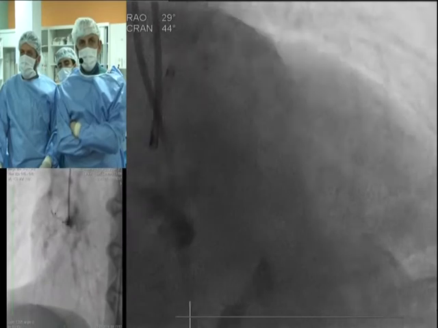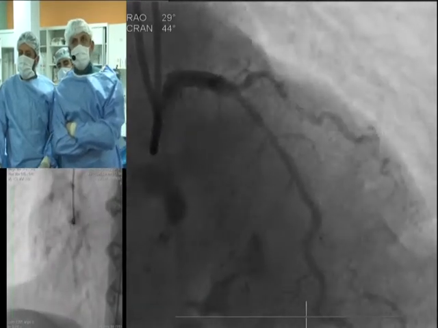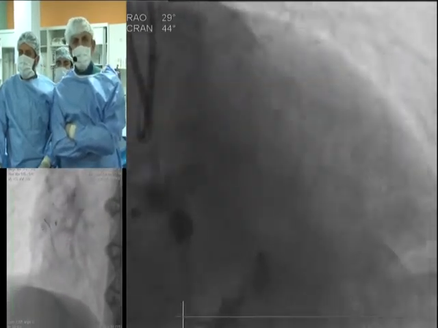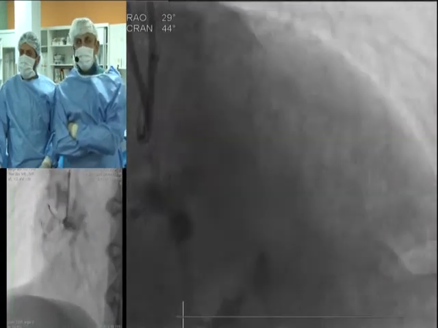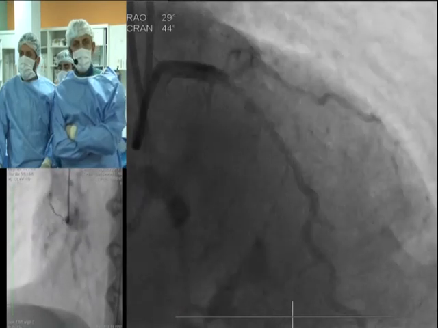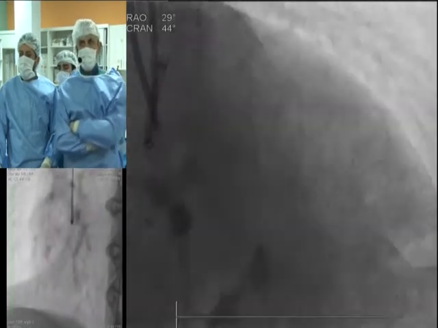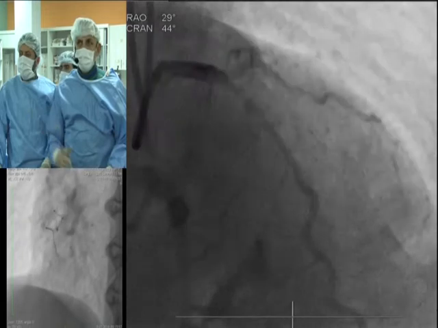After snaring of the wire, we inserted Corsair into the aorta, and we removed the Ultimate 3 wire and replaced it with RG3. And after RG3 we had a looped wire, and we just worked over it.